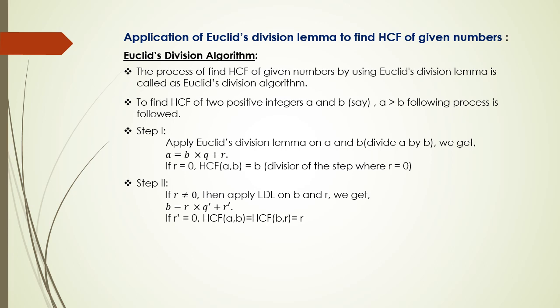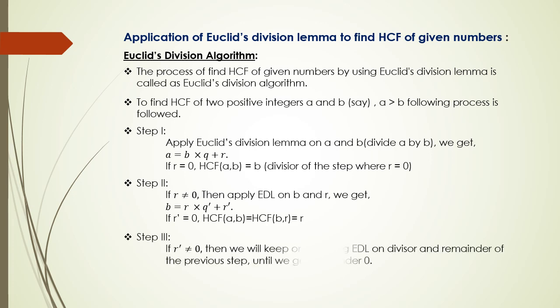We have obtained a new quotient q dash and a new remainder r dash. In this case, if the new remainder r dash is equal to 0, then the divisor of this step, that is r, will become the HCF of the given two numbers a and b, and also it will be the HCF of b as well as r.